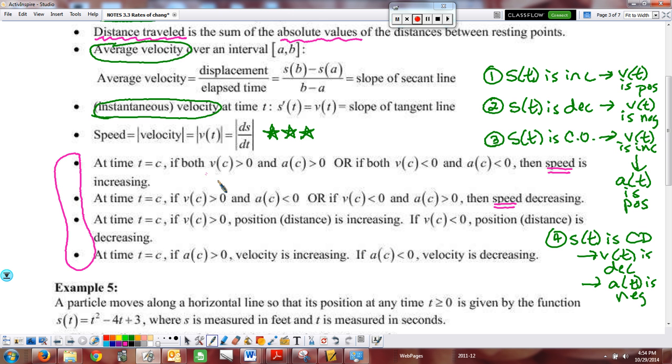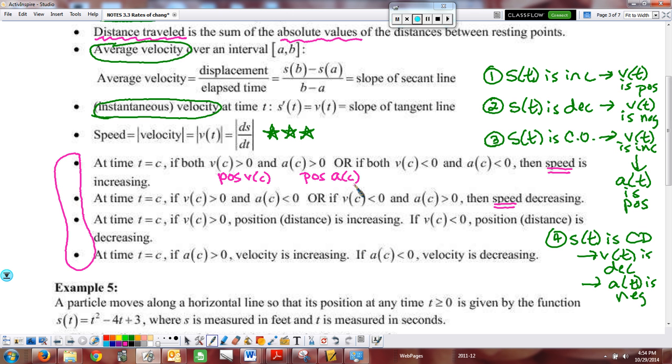We have a positive velocity, and we have a positive acceleration at a certain point. So whichever direction I'm going, I'm going in the positive velocity direction, and I'm accelerating in the positive direction.